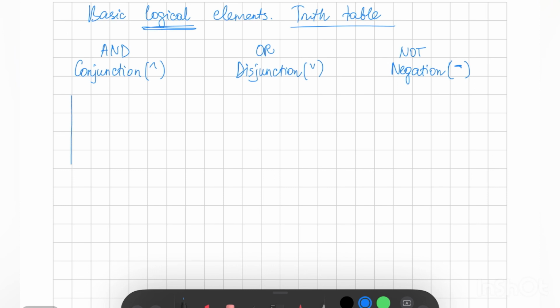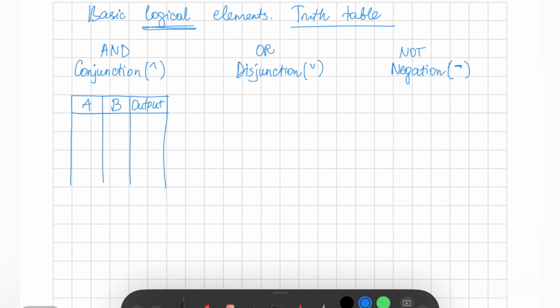Let me draw a table here with two inputs or two conditions. The first condition will be called A, second condition will be called B, and we have output, which is a result or outcome, right?